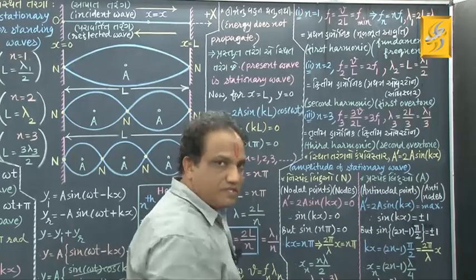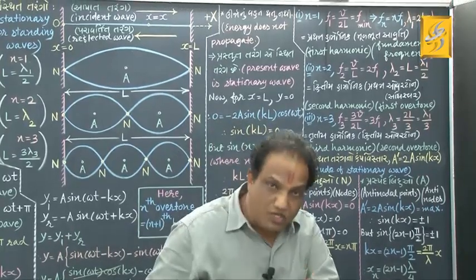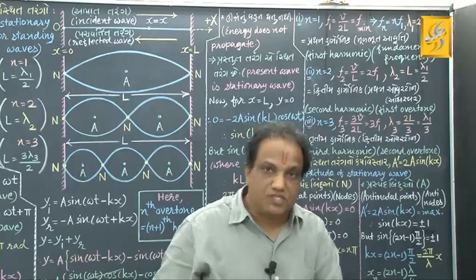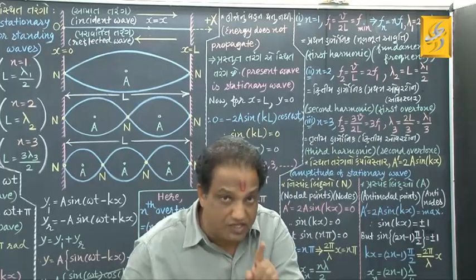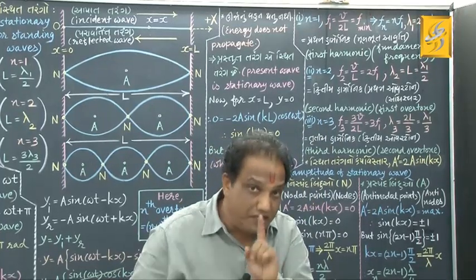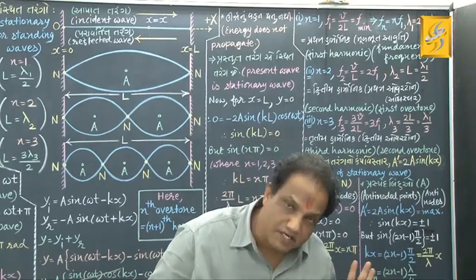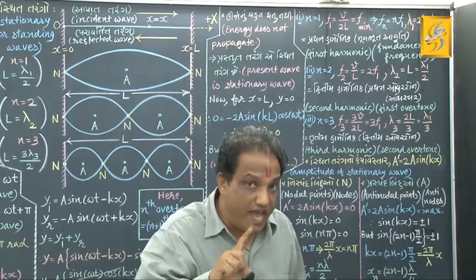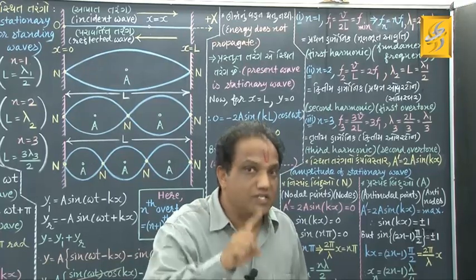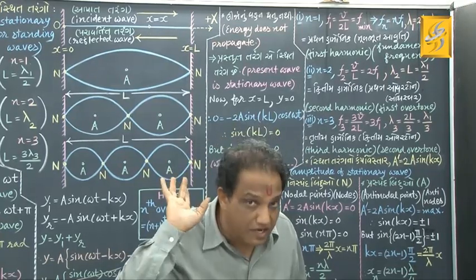Just proceed likewise. If it is the fourth harmonic, you can call it the third overtone. Seventh harmonic, you can say sixth overtone. 10th harmonic, you can say ninth overtone. In short, the nth overtone is the n plus 1th harmonic.